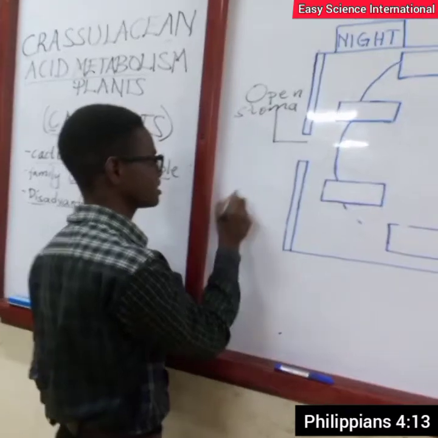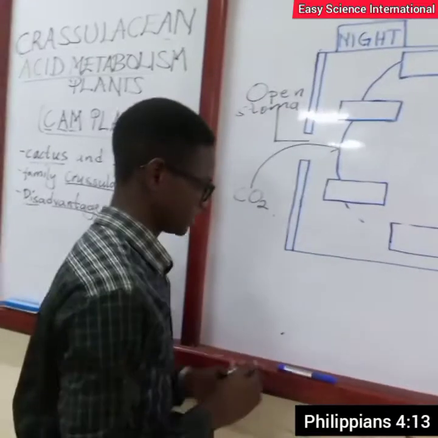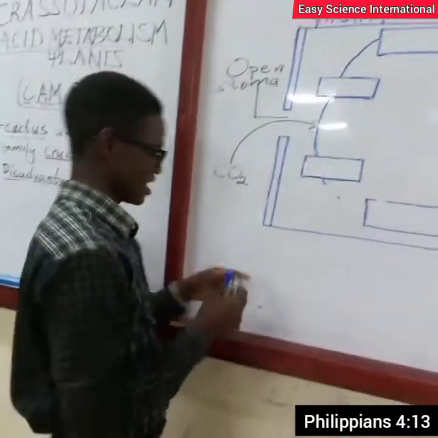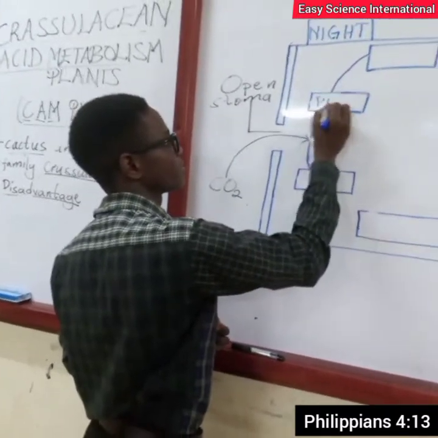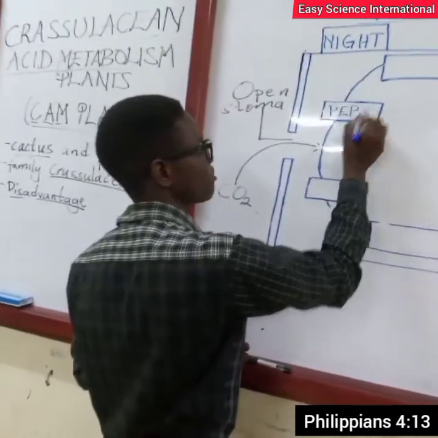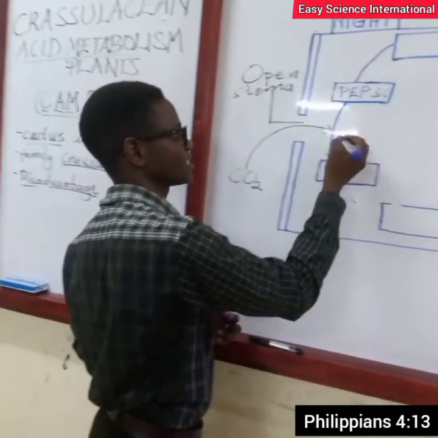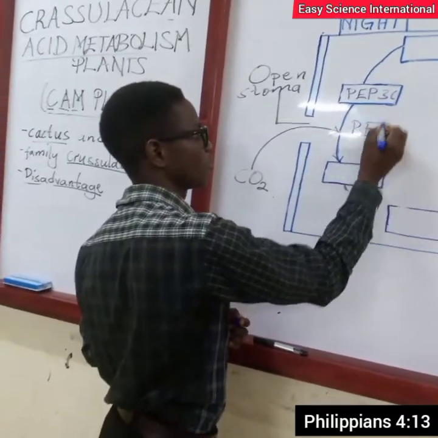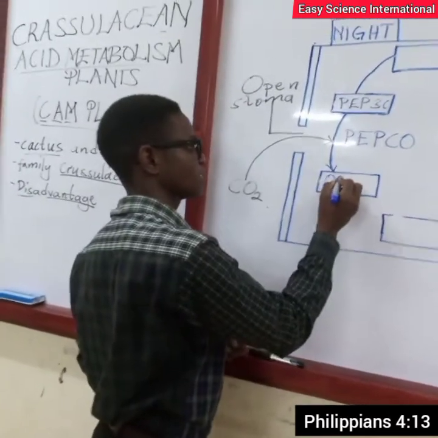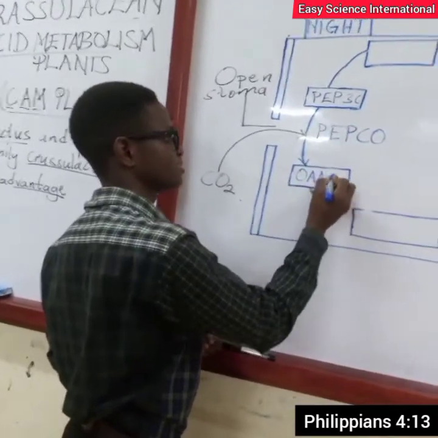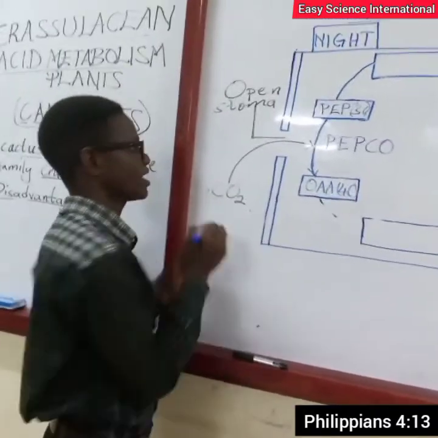Carbon dioxide diffuses into this leaf via this open stoma and is accepted by what we call PEP, which is a 3-carbon compound, phosphoenolpyruvate. And in a reaction that is catalyzed by an enzyme known as PEP carboxylase oxygenase, we form a 4-carbon compound known as oxaloacetic acid, 4-carbon compound, from 1 plus 3.